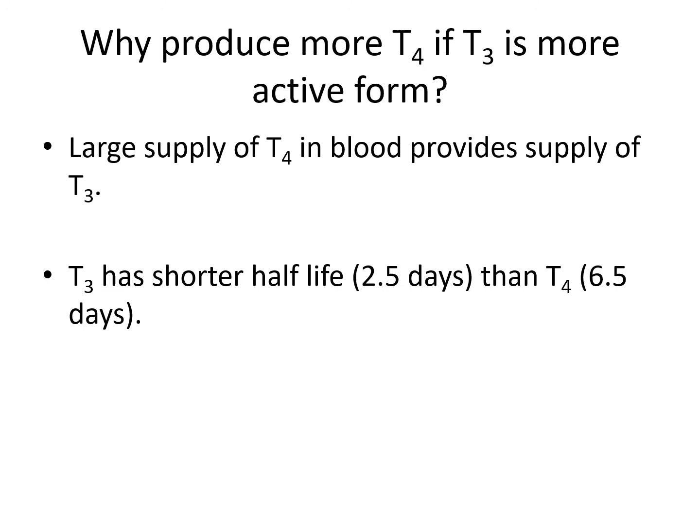Another reason is that a large supply of T4 in the blood provides a supply of T3, and T3 has a shorter half-life, meaning it breaks down faster than T4. So it seems more logical to store more T4 than T3, and then transform it to T3 when it's needed. You can see here that T3 has a half-life of 2.5 days, whereas T4 has a longer half-life of 6.5 days.